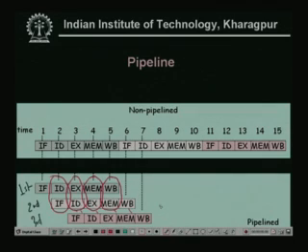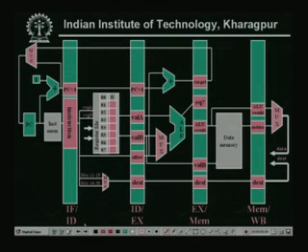So, there are 4 overlaps, and these overlaps are being shown: the overlapping of fetch and decode, decode and execute, execute and memory, and memory and write back.